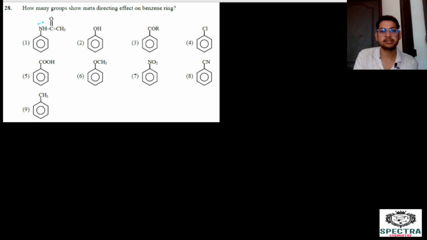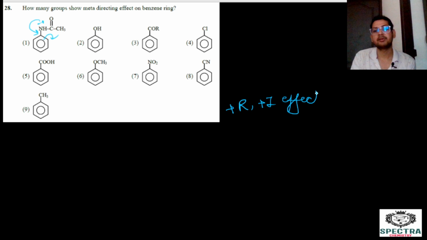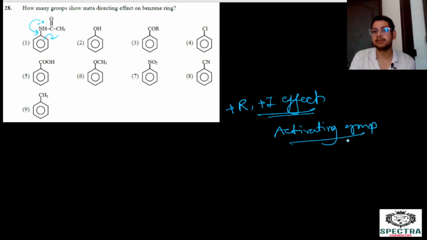This nitrogen is having a lone pair, so it is donating electrons. Whoever is having plus R or plus I effect, they are activating groups, and activating groups are ortho-para directing.